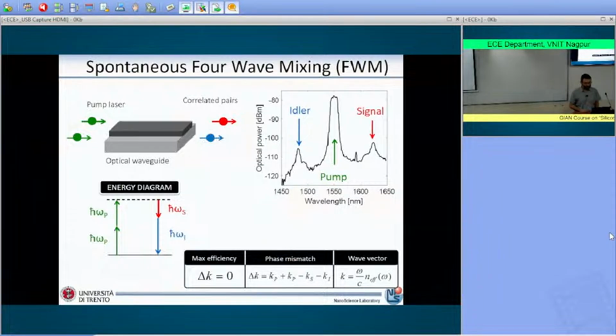So let us see the physical mechanism that we are using to generate the entangled photon pairs. This physical mechanism, as I have already discussed, is spontaneous four-wave mixing.